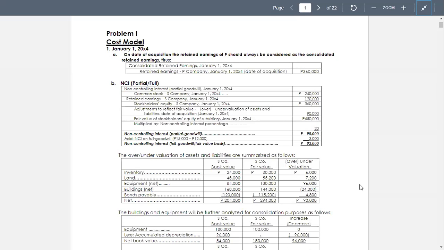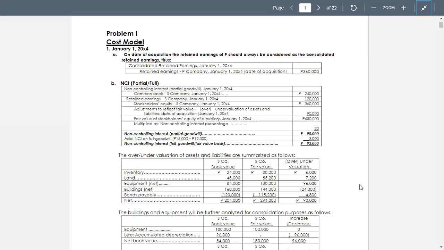But if you close whatever net income or loss and dividends against retained earnings, the ending will be different from the beginning. So let's assume that the balance given in the December 31, 20x4 trial balance, the retained earnings of Pascal Company, is still equal to the beginning.